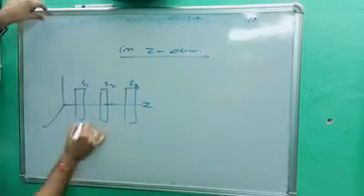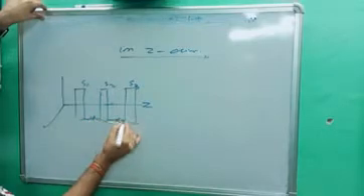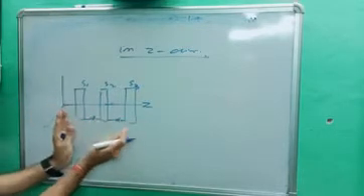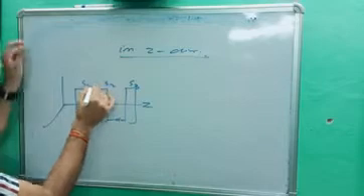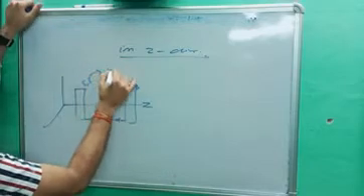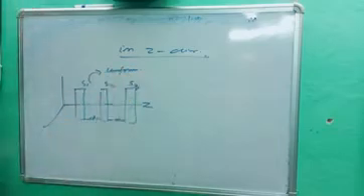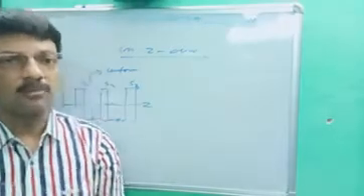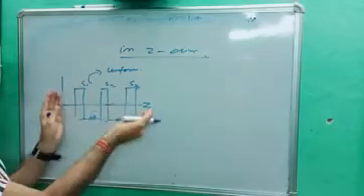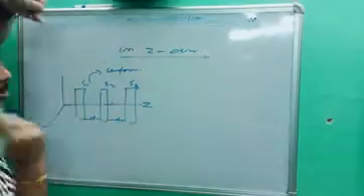According to the question, Z direction, and this distance is D. You can see all surfaces are maintaining the same distance. So this is called the equipotential surface for a uniform electric field. Since the surfaces are maintaining the same distance, that's why it is called a uniform electric field.